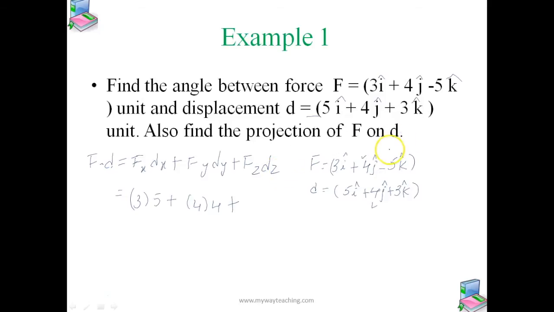Fz is minus 5, and dz is 3, so we get minus 5 into 3. So 5 into 3 is 15, 4 into 4 is 16, minus 15. So we get 16 units, the dot product.